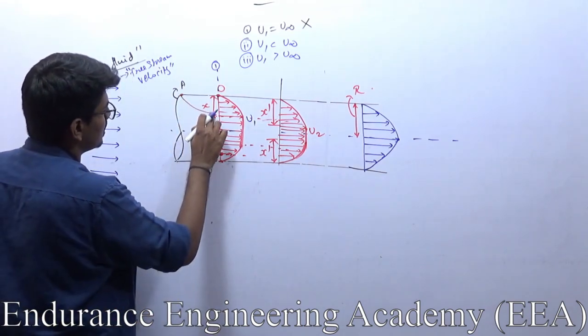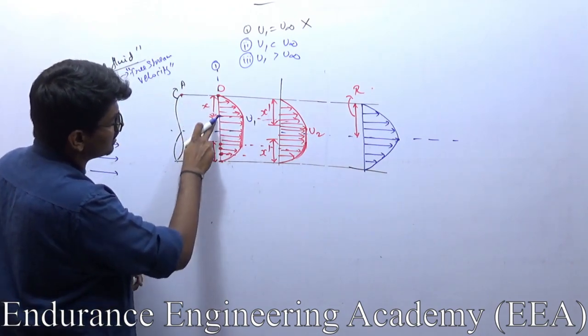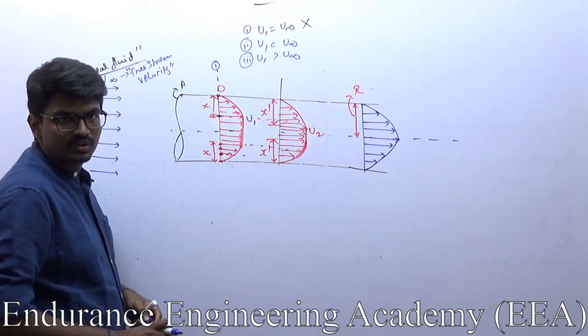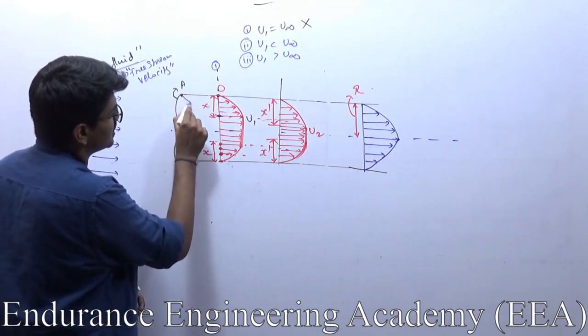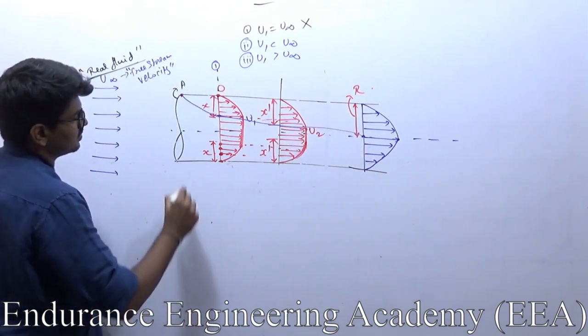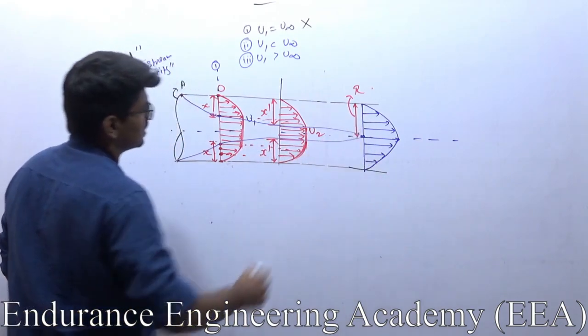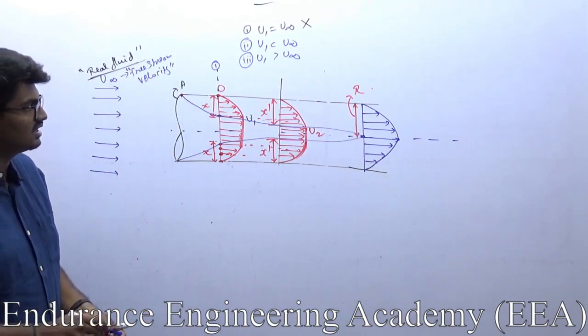See, if I join, from the starting point, we'll use another color, all the points at which the velocity is reaching constant.